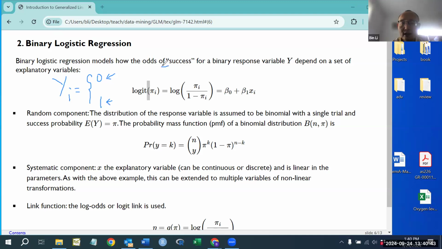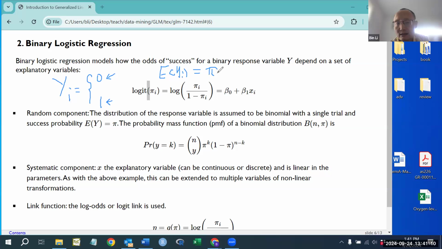So what is the expected value of yi? It is the probability of yi equals 1. So that's the probability, and we can write the expected value of yi as pi i.